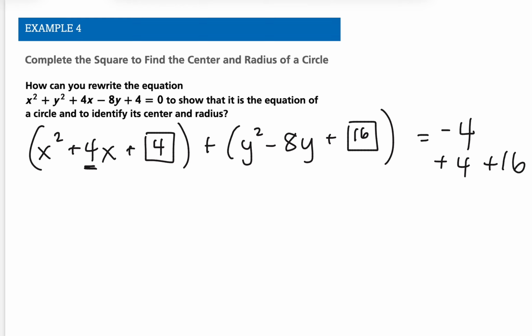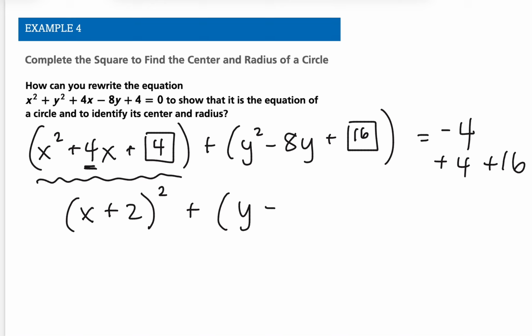So if I look at this first, I know that this is going to turn into (x plus 2) squared, because what multiplies to 4 and adds to 4 is 2 and 2. And then my y's will turn into (y minus 4) squared, because what multiplies to 16 and adds to negative 8 is negative 4 and negative 4.